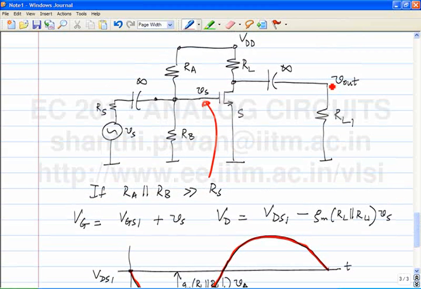What is the DC potential at Vout? 0. So the absolute potential at Vout is the same as the incremental potential, right? And that is simply Gm RL parallel RL1 times Va. And that makes sense because this guy here is simply a battery of value VDS1 and this quiescent potential is VDS1.